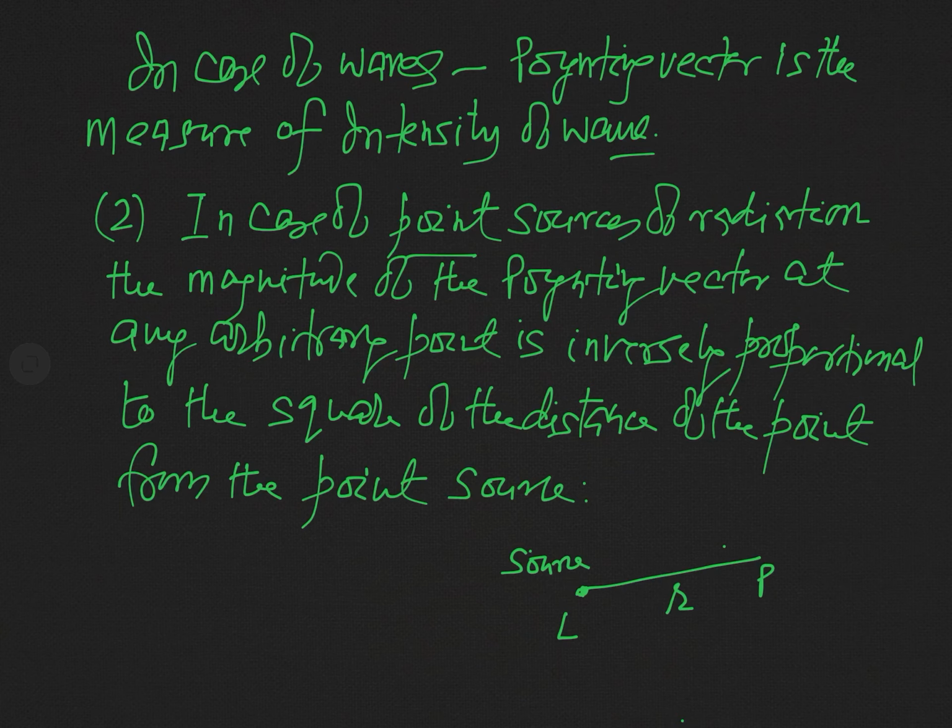Radiation is emitted from this point source, and P is an arbitrary point located at a distance r from it. Then, if at this point P, S is the magnitude of the Poynting vector, then S should be inversely proportional to r squared. This is the fact. Now we can see this fact very easily.